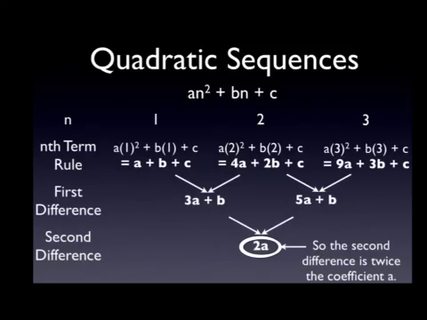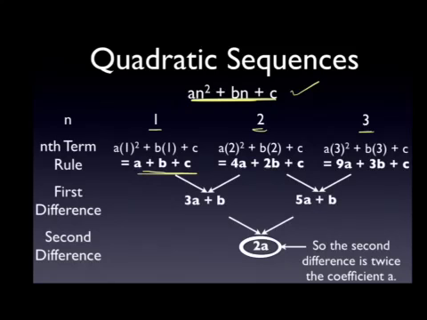Here we have the general quadratic sequence, an squared plus bn plus c. When n equals 1, 2 and 3, I substitute into the general quadratic sequence. For 1, I get a plus b plus c.